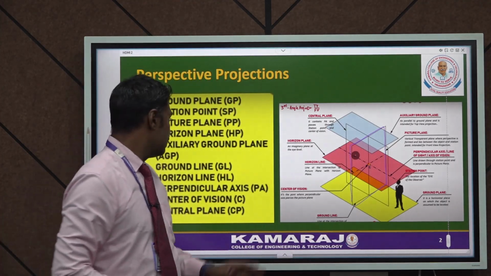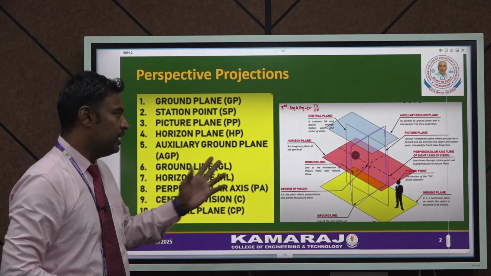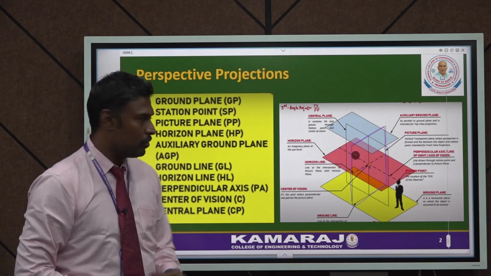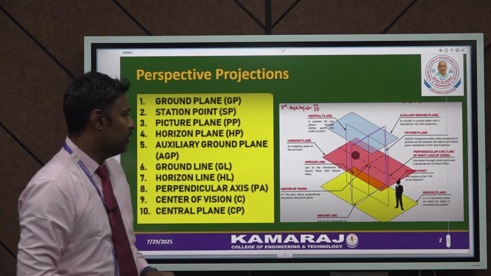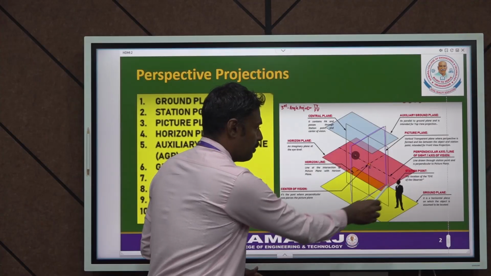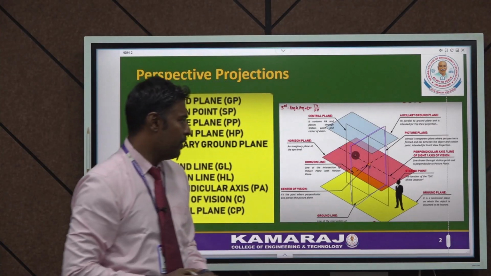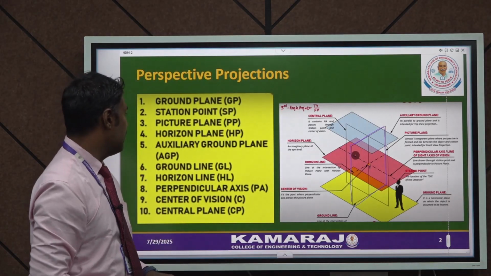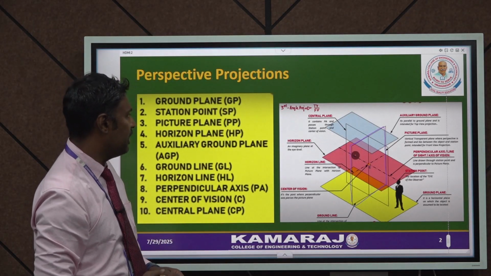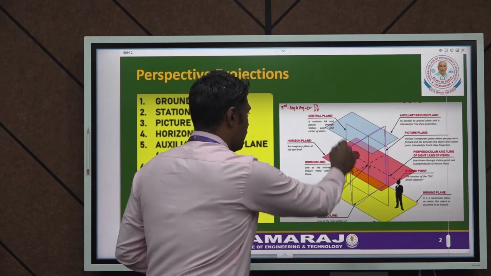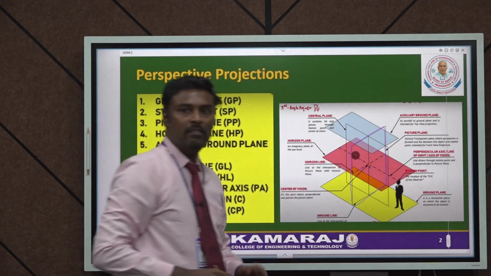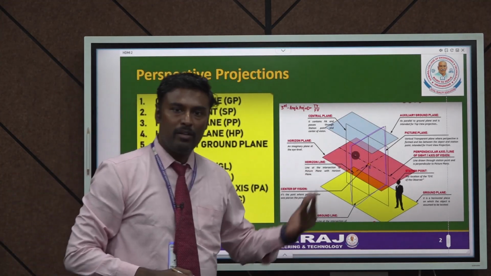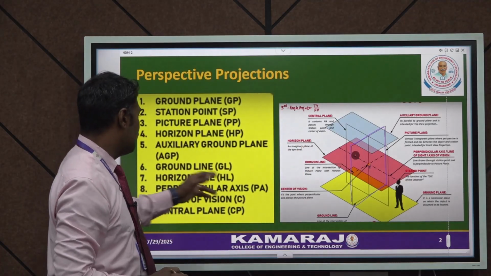That plane is known as the picture plane. Then the horizon plane. What is the horizon plane? The horizontal plane, which is represented in this pink color, is known as the horizon plane. Then the auxiliary ground plane. The auxiliary ground plane is not needed; it is mostly represented in green color and is not of much importance in this particular topic. Then the ground line.